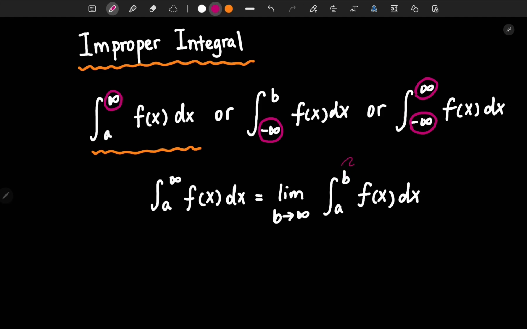Here, we are introducing an arbitrary variable b, where the limit of b goes to infinity, and we use the variable b to replace the upper boundary of our integral.